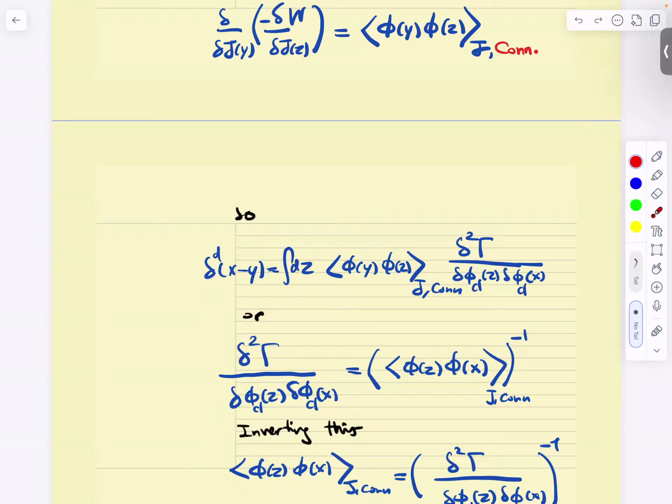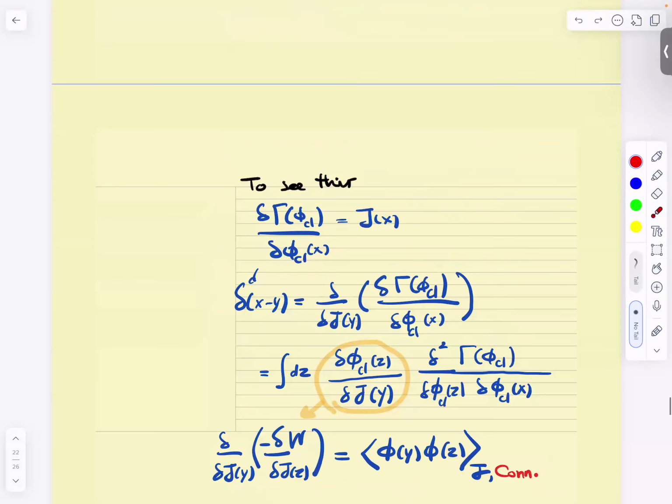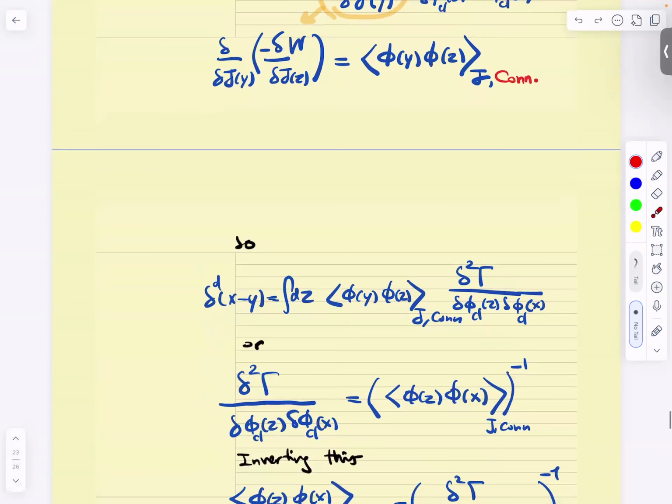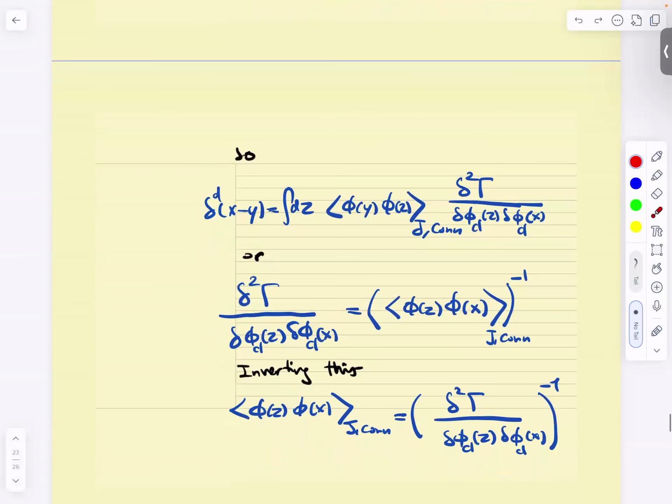Sorry, I put the y and z in different places. The Dirac delta function is the connected 2-point function times this guy. So what did we find? We saw that the first derivative of the effective action is the source. The second derivative of the effective action is the inverse of the connected part of the 2-point function. Good? So inverting it, you obtain this.